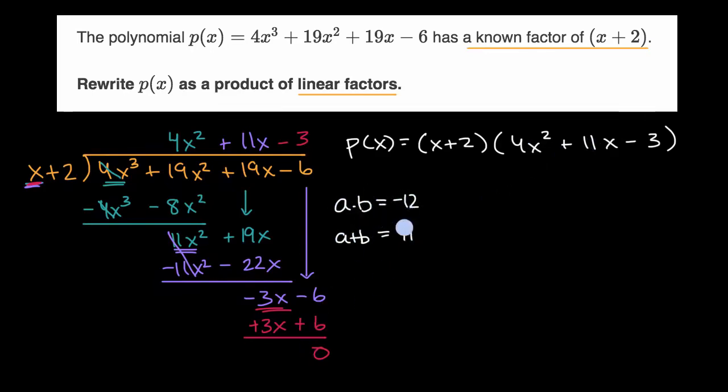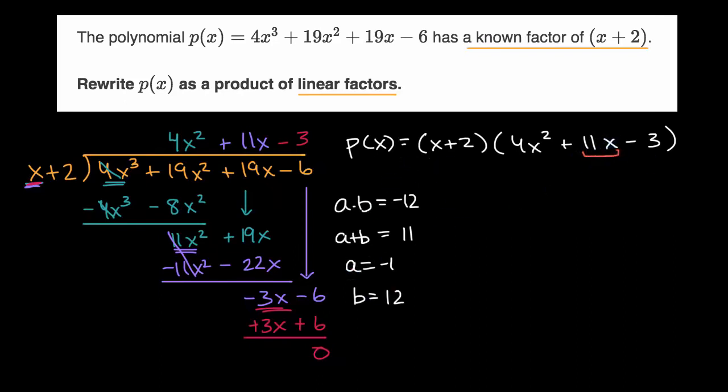And so the best that I can think of, they have to be opposite signs because their product is negative. So if I had positive 12 and negative 1, that works. If A is equal to negative 1 and B is equal to positive 12, that works. And so what I want to do is take this first degree term right over here, 11x, and split it into a 12x and a negative 1x.